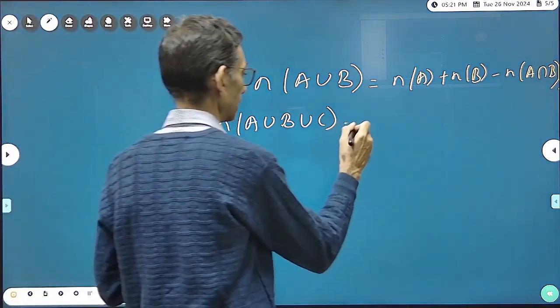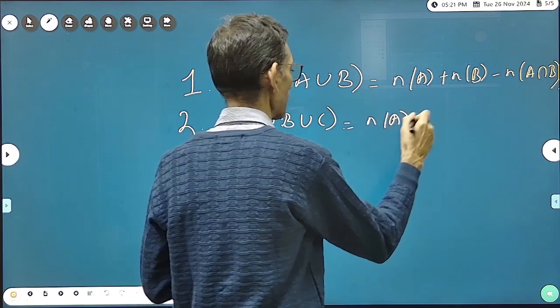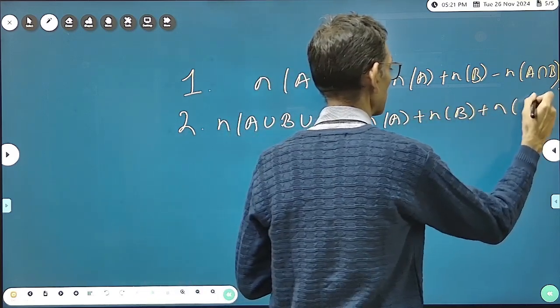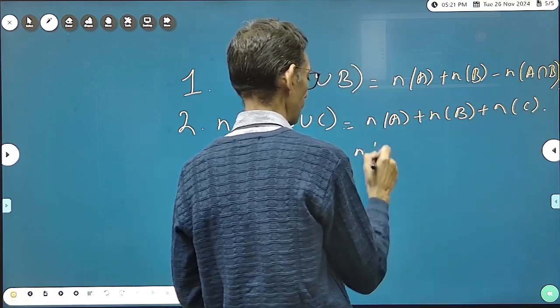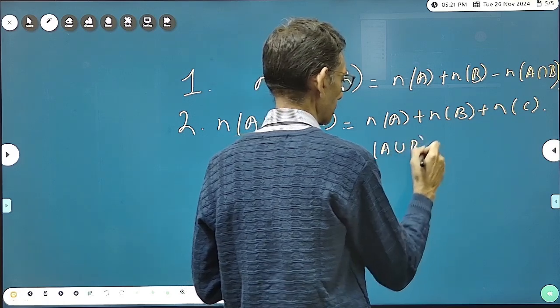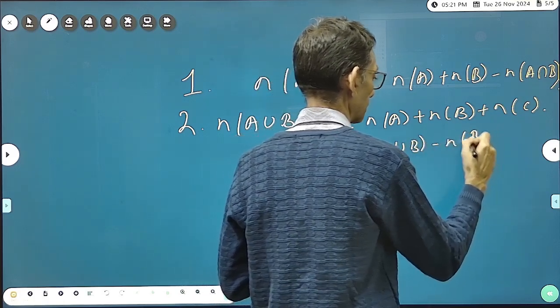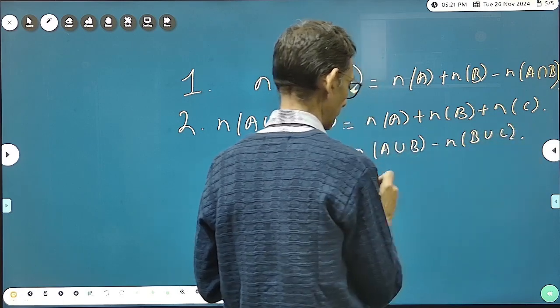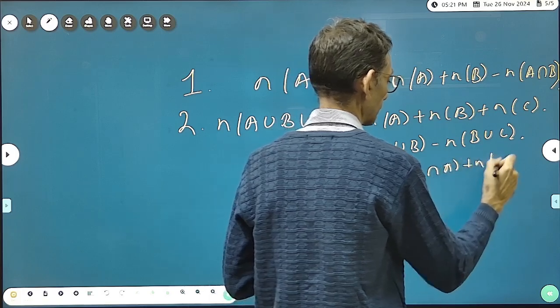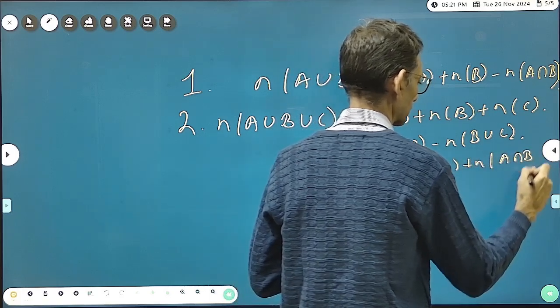It is n of A plus n of B plus n of C minus n of A union B minus n of B union C minus n of C union A plus n of A intersection B intersection C.